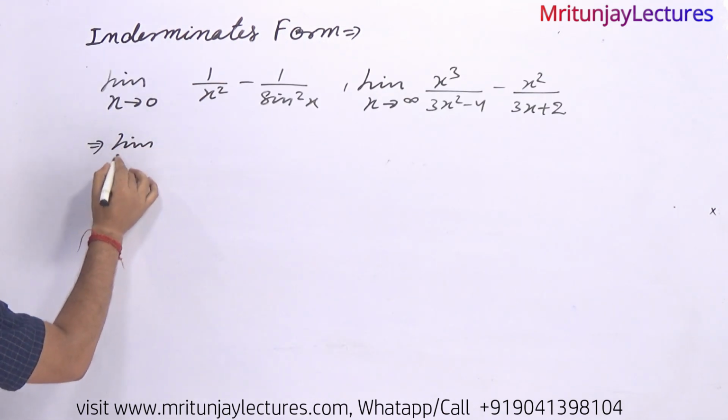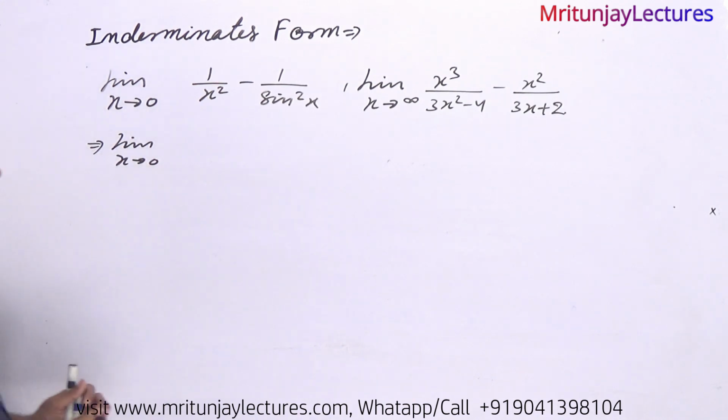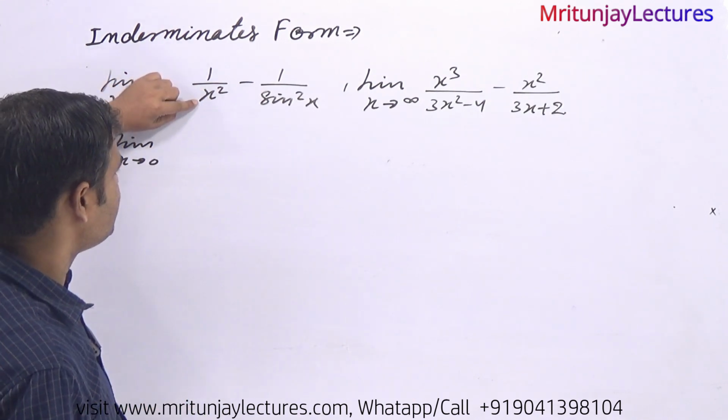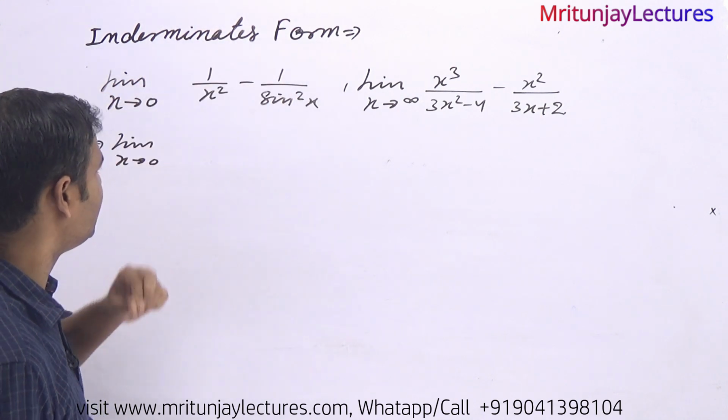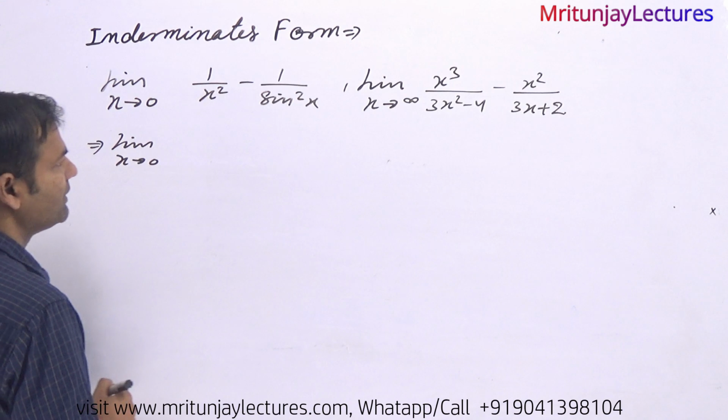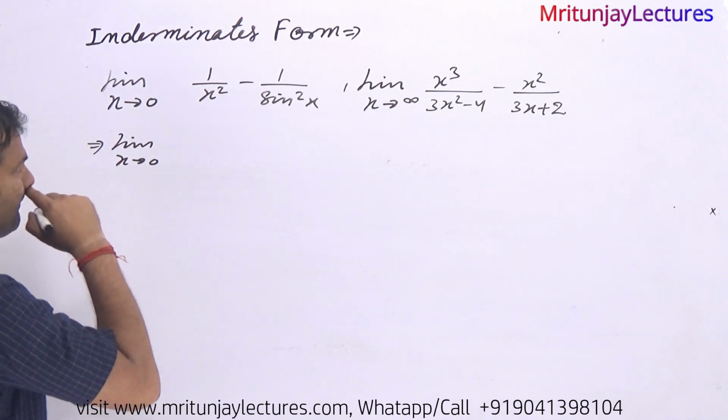Now limit x tends to 0. If we put this value, then we get 1 by 0, that is infinity, and 1 by 0, that is infinity. So infinity minus infinity. How can we solve this type of problem?